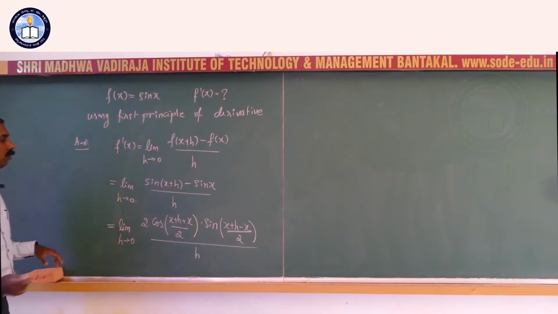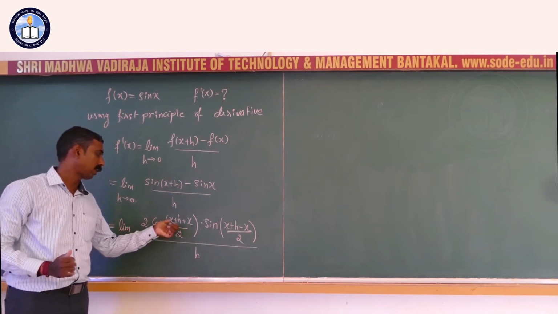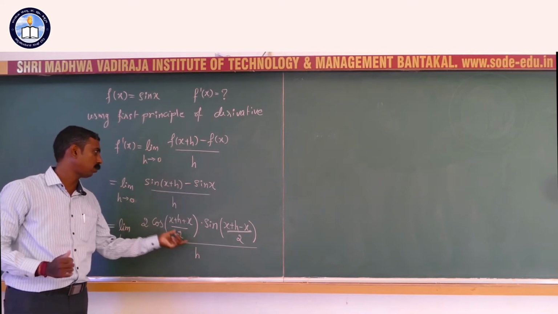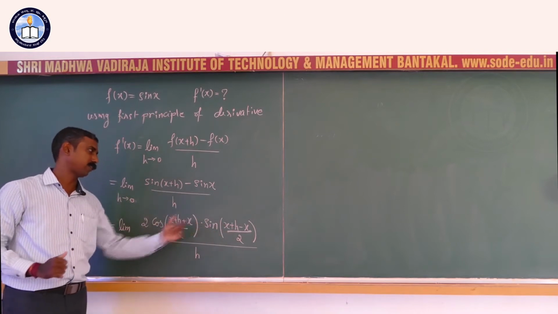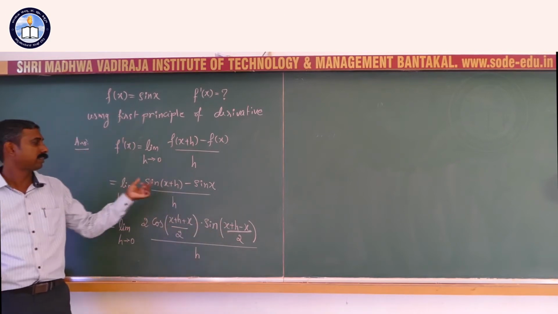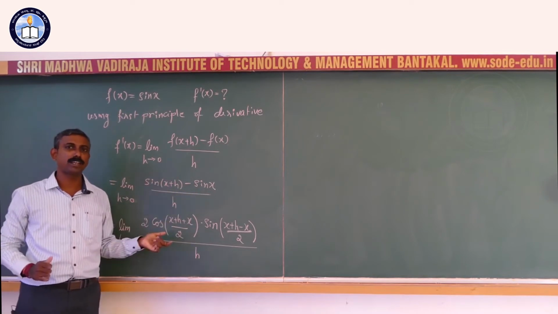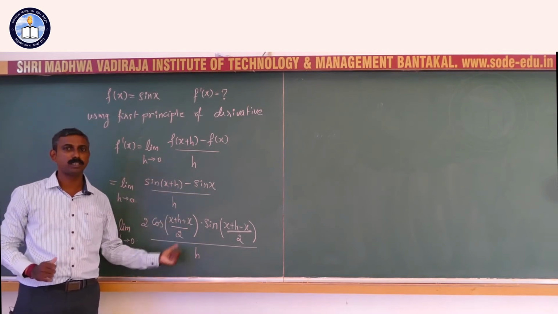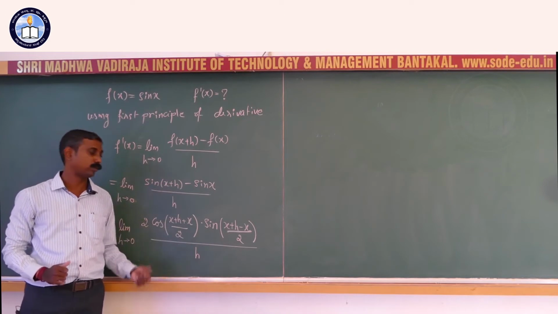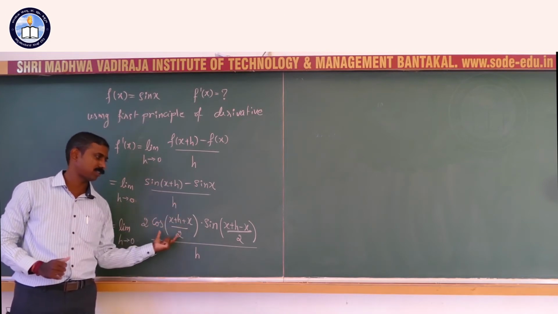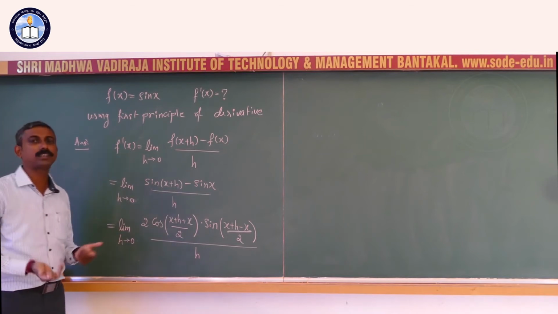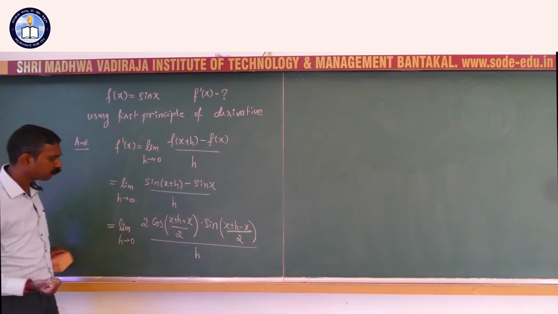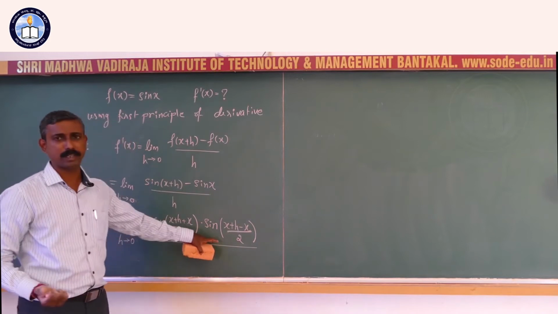So, this is 2 times cos of this plus this by 2, and this minus this by 2, into sin. We know the formula of sin A minus sin B: sin A minus sin B is 2 times cos of A plus B by 2 into sin of A minus B by 2. So, cos first, sin second. That is how we remember the formula. You can use some other techniques to remember that. This is from a trigonometric identity.